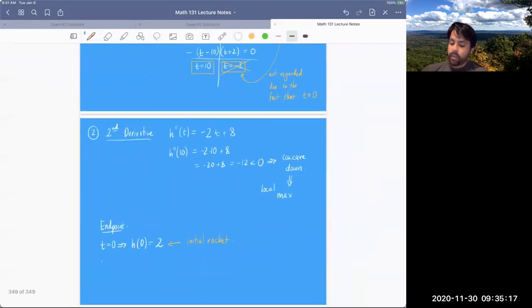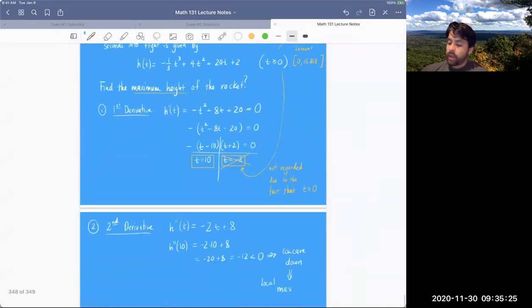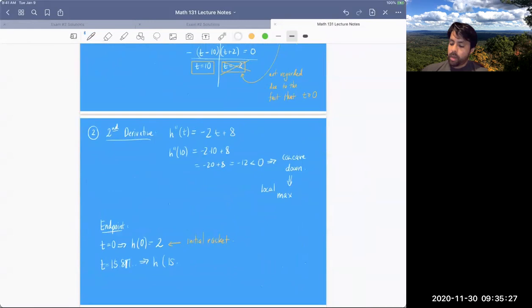So I really have another one here, t equals 15.817, whatever, right? And the height of that is 0. This is when the rocket hits the ground again.